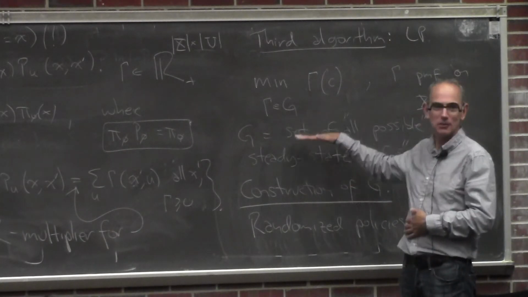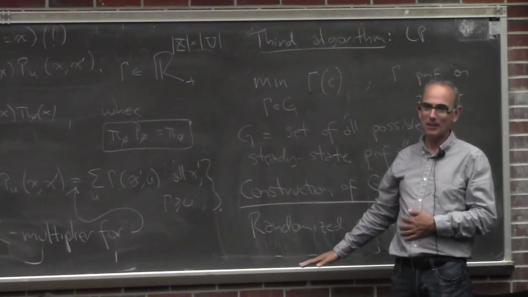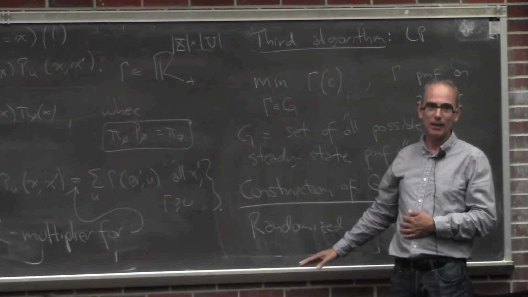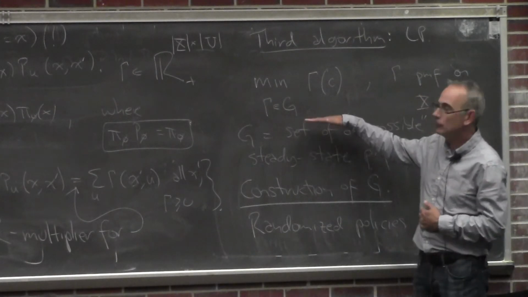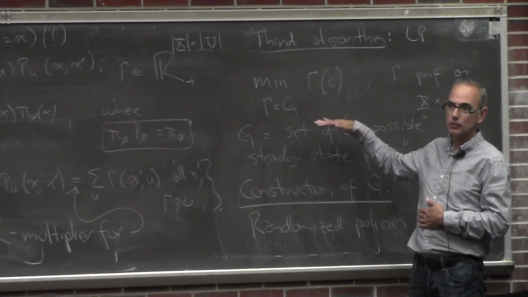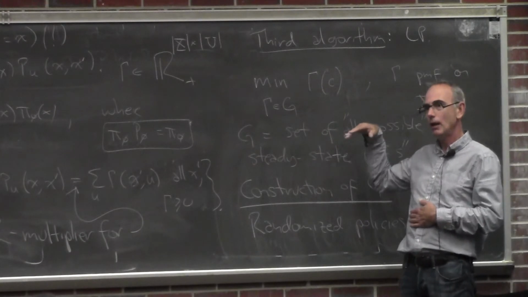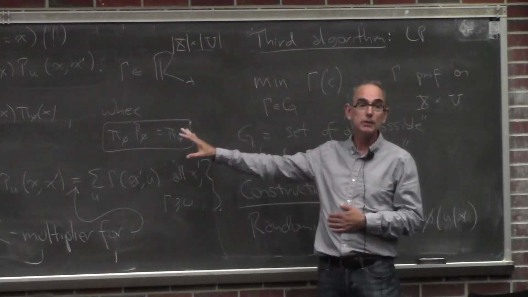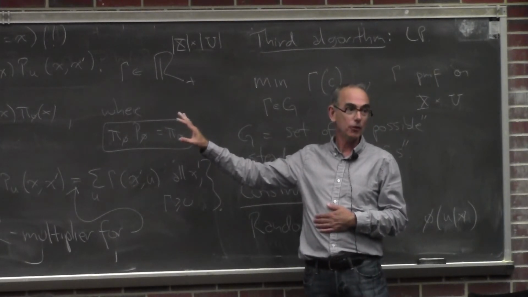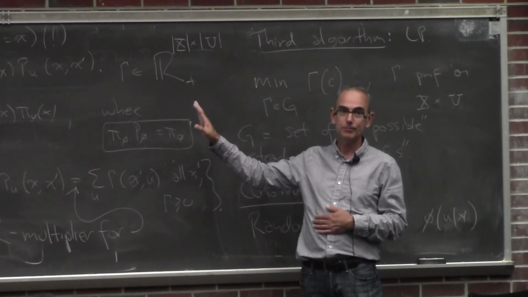I could put in all sorts of constraints in any kind of problem. And what's really cool is if I put in other constraints, if some of the cost functions have to meet upper bounds and lower bounds, then I no longer get a deterministic solution. I end up with the optimal solution being randomized.